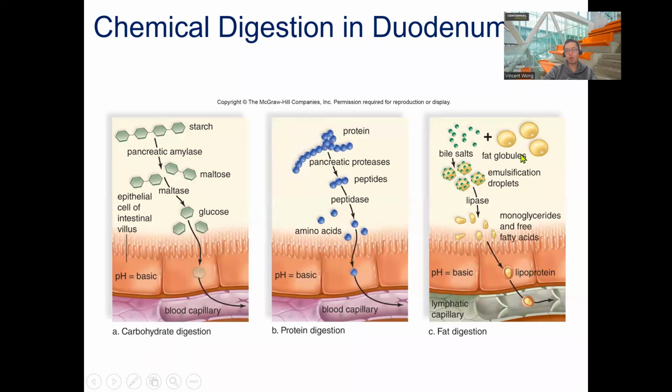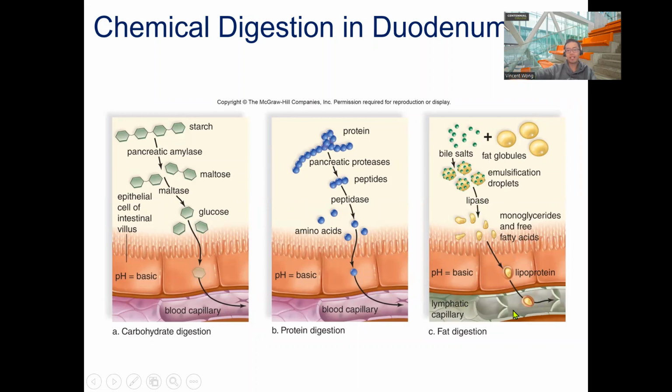We have the big globs, and then the bile will emulsify them, make it into smaller droplets. Then lipase will break it down into fatty acids, right? Maybe glycerol, but they cannot be absorbed into the bloodstream directly because lipid and blood, they don't mix well, right? Okay. So they are absorbed into the lymphatic system instead.